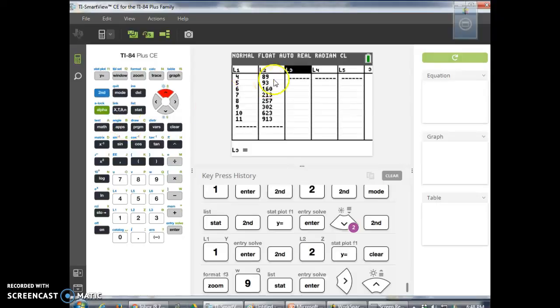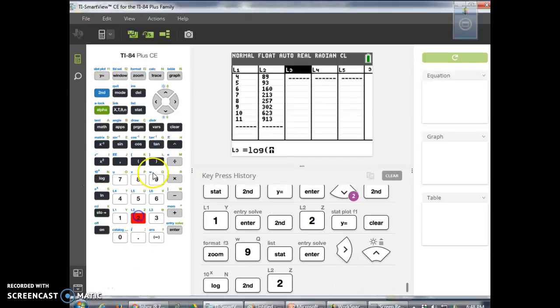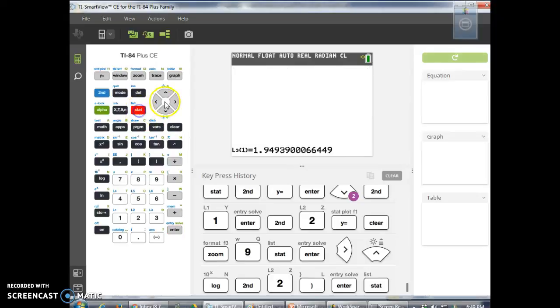So I'm going to create a new variable, and I'm going to take the log of list 2. So I'm taking the log of my response variable. Now when I run the regression, I want to do X, which is our year since 2000, versus log of our fees. So I'm going to run that regression.